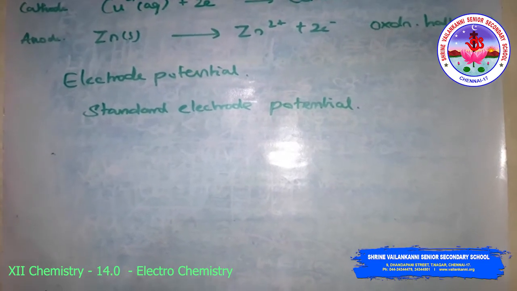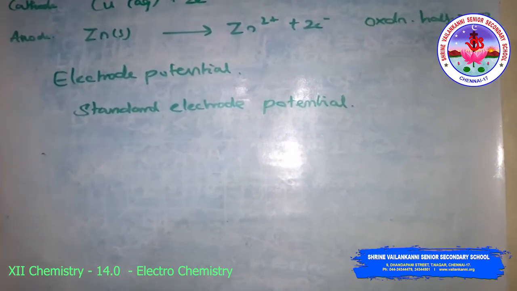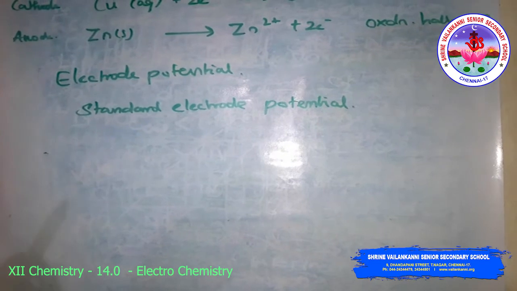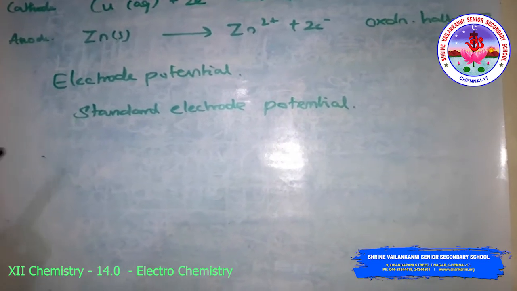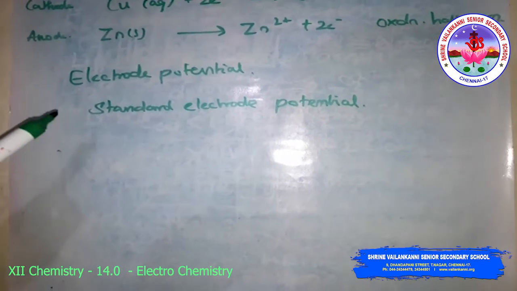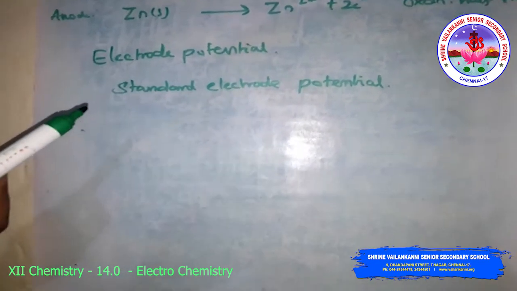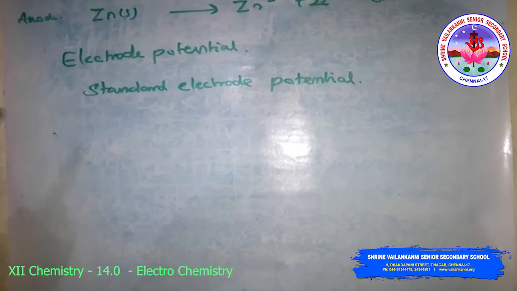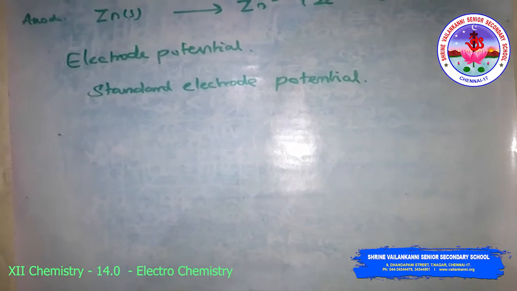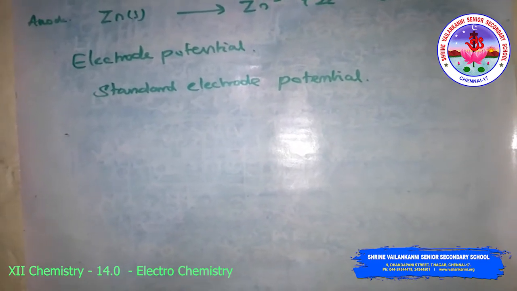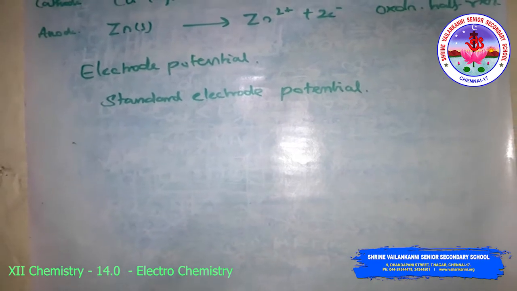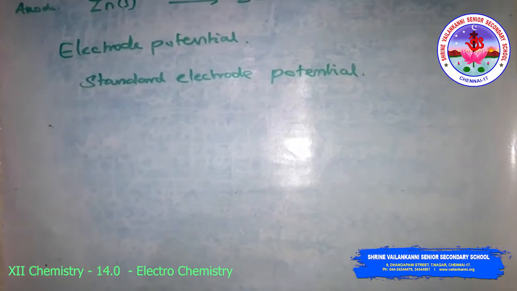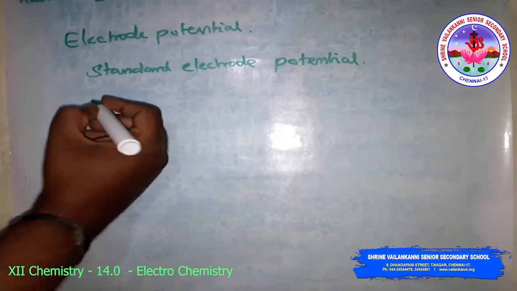Already you know the direction of electron flow is from the negative electrode to the positive electrode, and the direction of current flow is opposite to the electron flow.